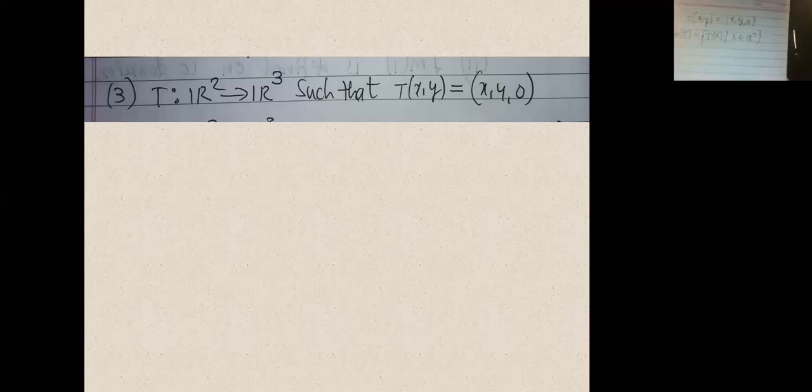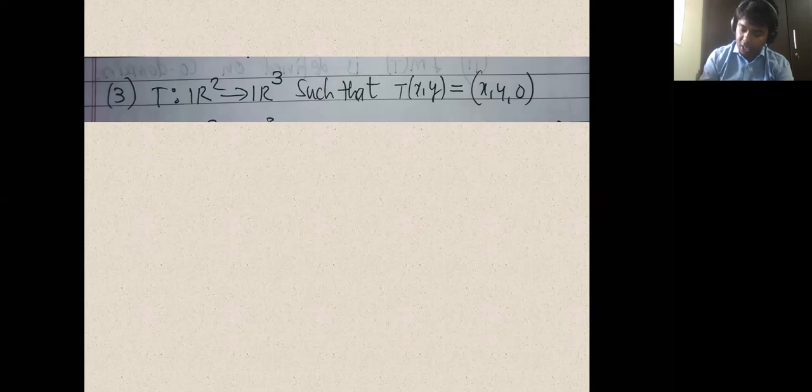Putting capital X as the vector (x, y), this is T of (x, y) such that (x, y) belongs to R2. Applying the T definition, that is (x, y, 0) such that (x, y) belongs to R2.